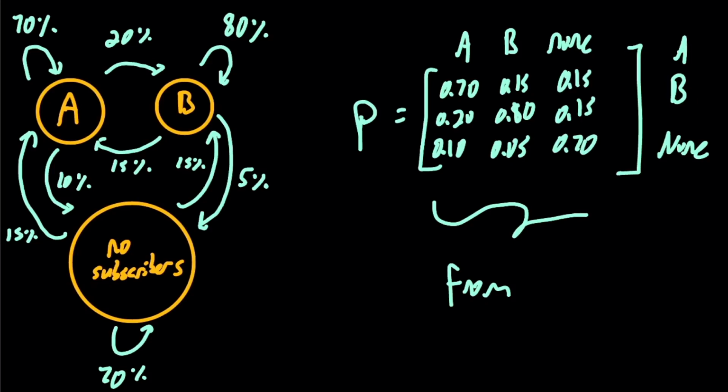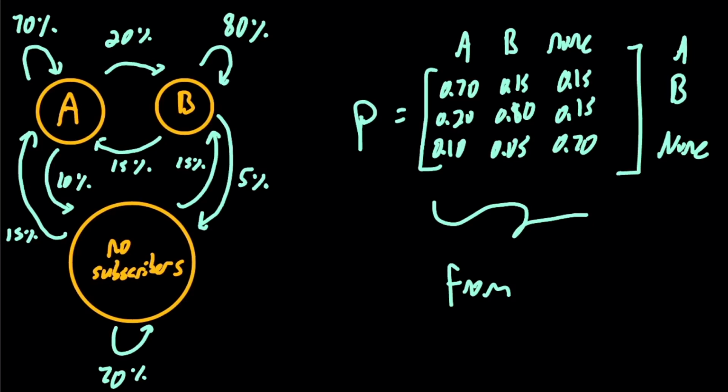So you should end up getting this matrix of transition probabilities, and we're missing one thing. How are we supposed to represent the proportions of the total population in the 3 states? Meaning, how are we supposed to convey the subscribers in companies A, B, and none?